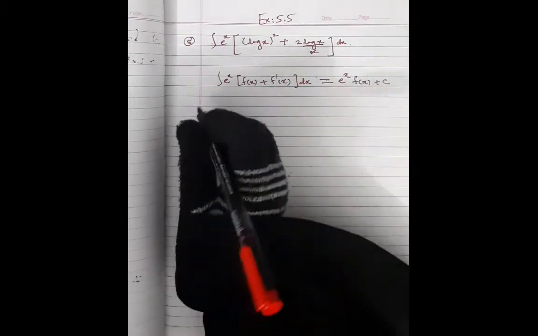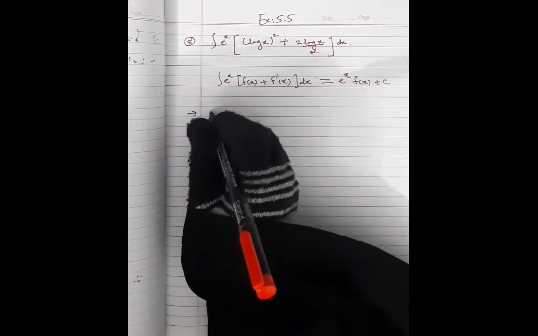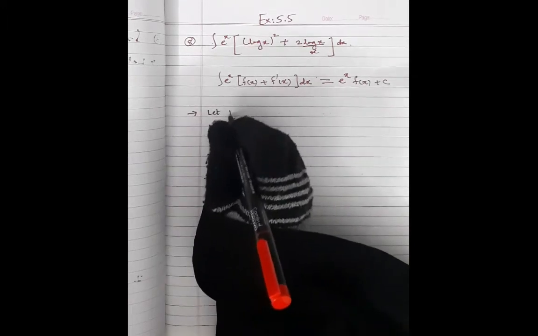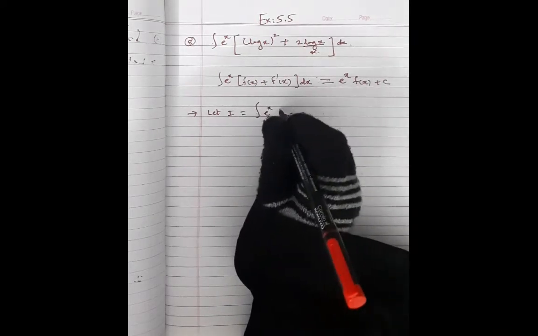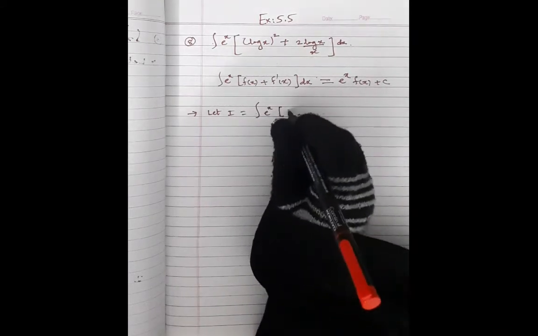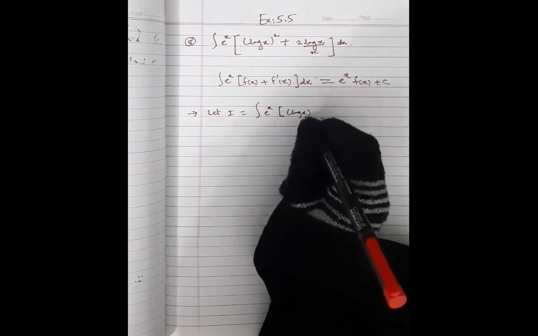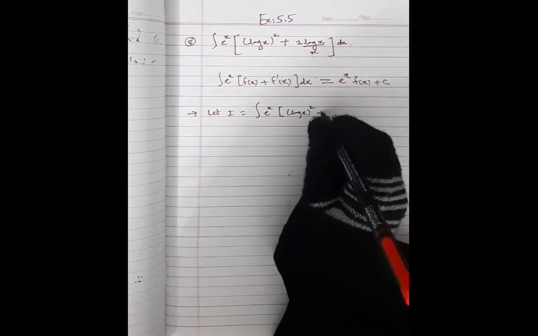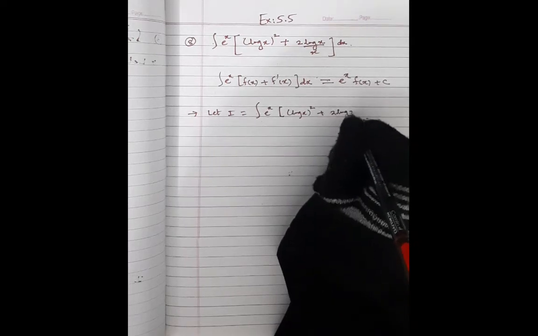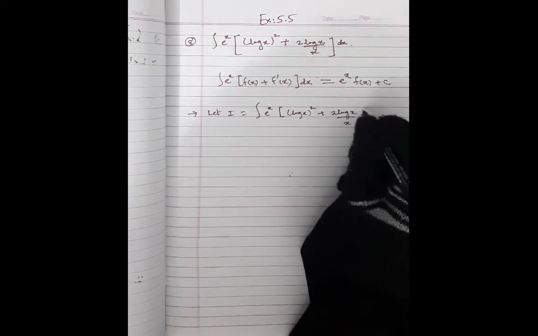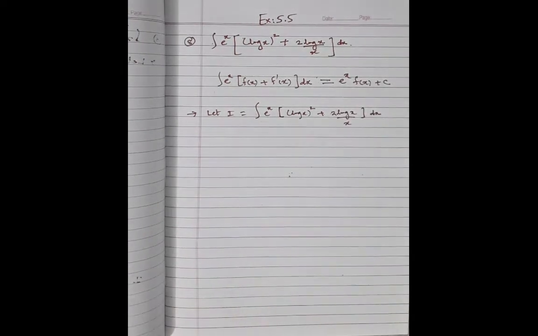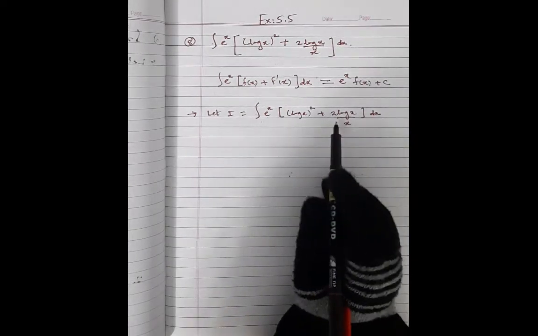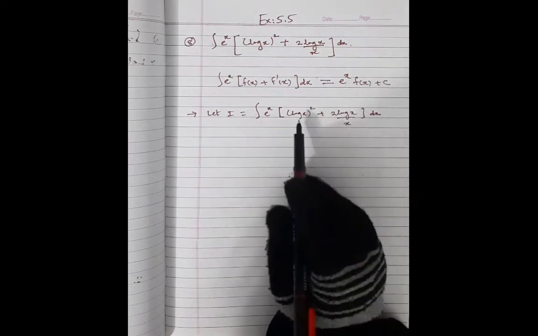So here, students, first consider the integration by capital letter I. Let I is equal to integration e raised to x into (log x the whole square plus 2 log x upon x) into dx.